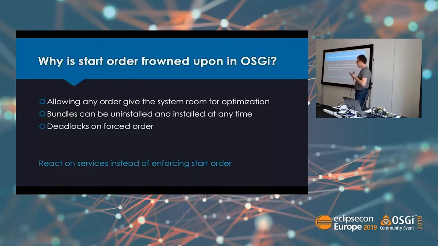So this basically narrows the way your system can optimize itself and be quicker to start up, because you tell it exactly each baby step to take, and this is not a good idea. And the other thing is, when you have a dynamic system, even if your system is really dynamic at production time, or just for development because you want to run your system and do a small code change and continue debugging with that change, then you will install bundles at runtime.